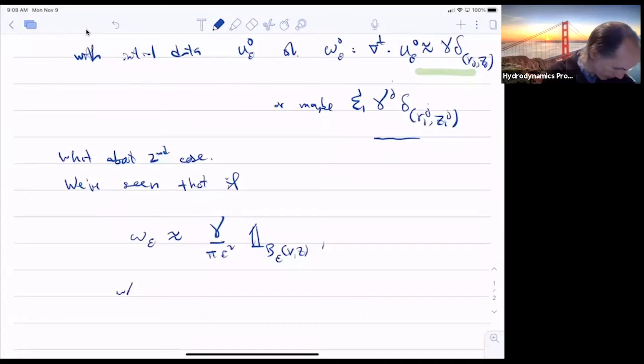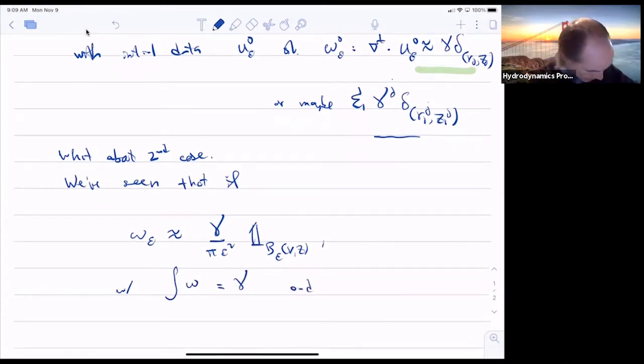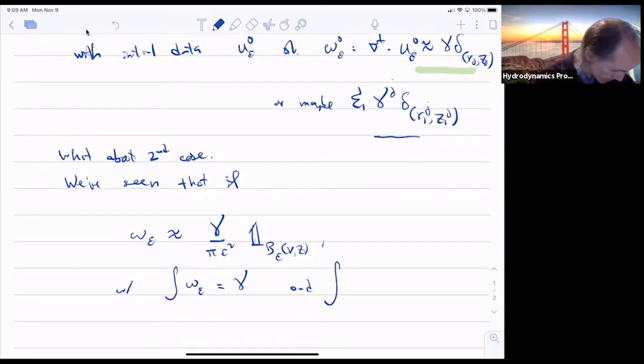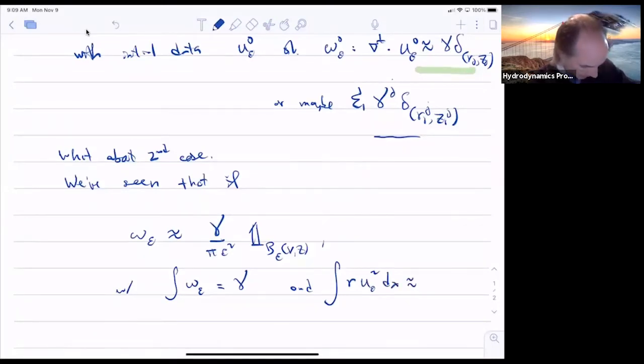So if this is true, and by this I mean that the integral of omega is equal to gamma, and if I know that a vortex is located near a distance r0 from the vertical axis, and if I know its L infinity norm, if it scales like 1 over epsilon squared, the maximum height, then we know that the energy will be like, say, gamma times r times log of r over epsilon, plus lower order terms.